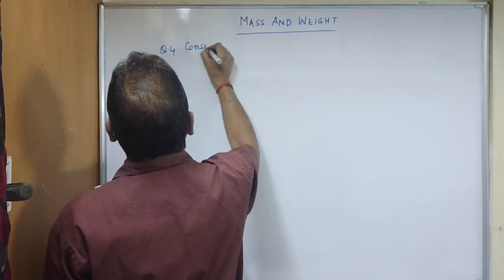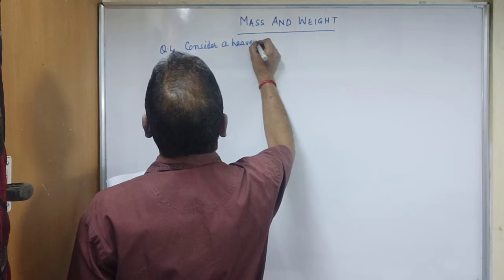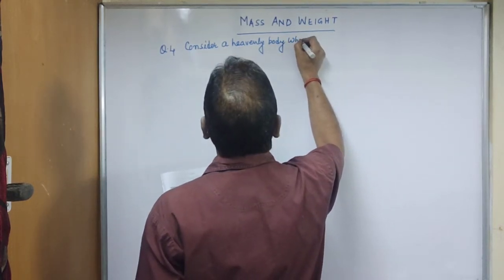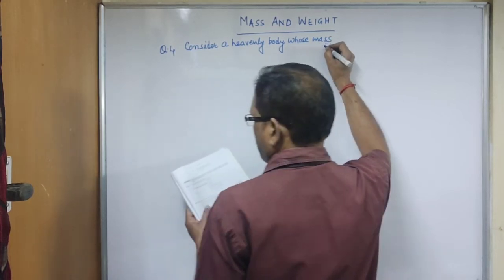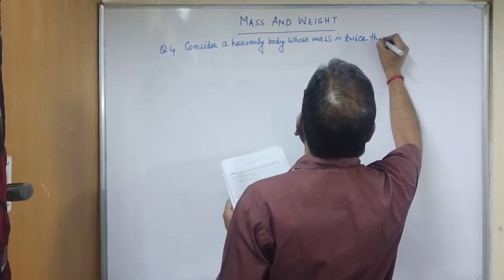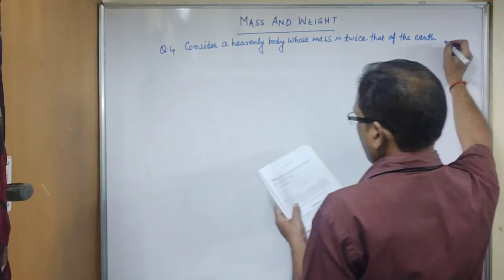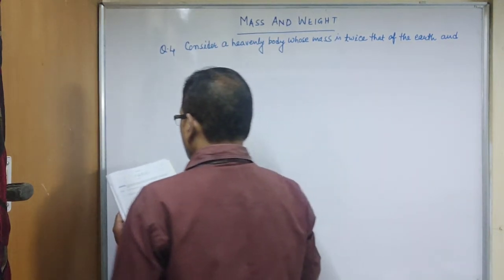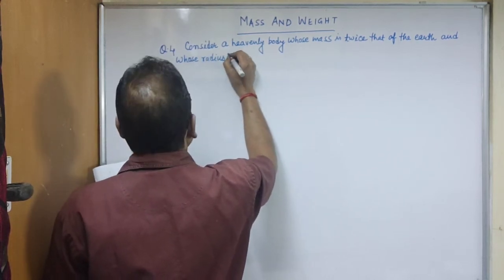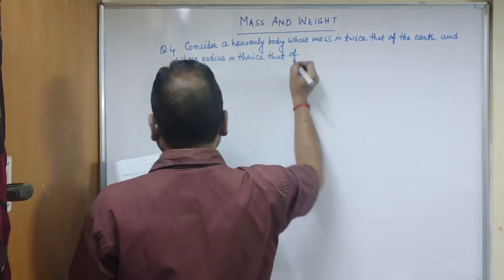Consider a heavenly body whose mass is twice that of the earth and whose radius is thrice that of the earth.